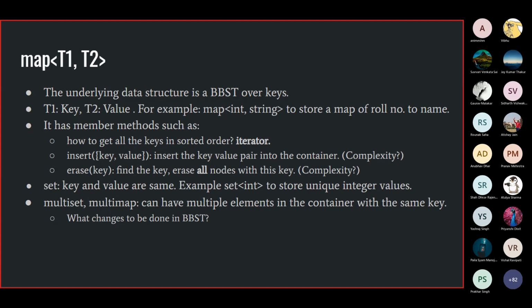If you have declared an array of integers, and you use pointers and do array plus 1, then bracket and then star, the compiler understands that you want to access the next element of the array. Iterator does something similar. You can also do plus plus with iterators and all other kinds of things to get the values of the nodes over the map. So you should look into that.